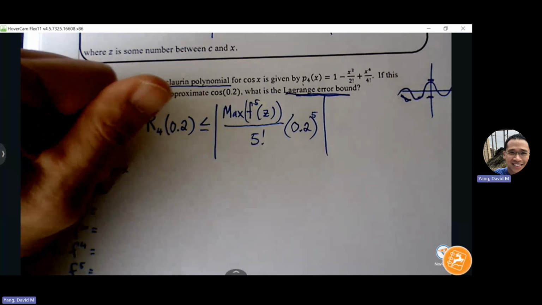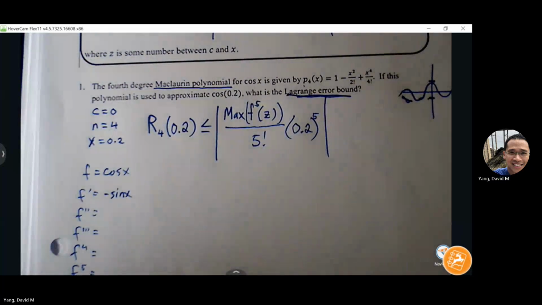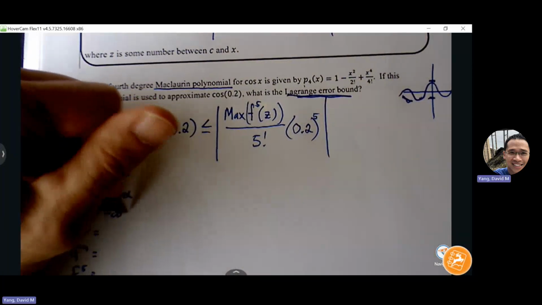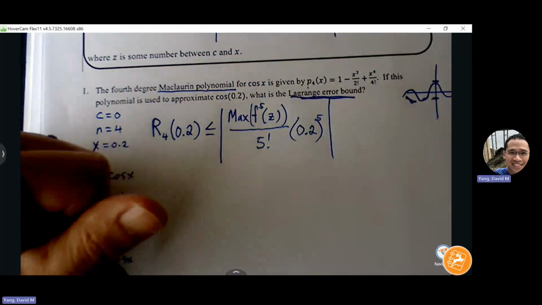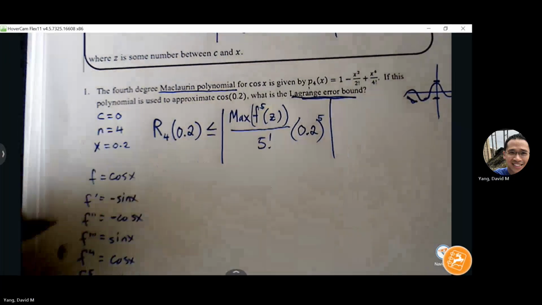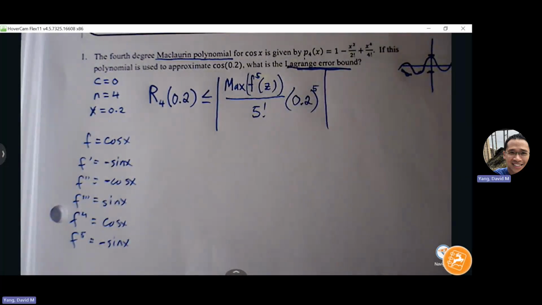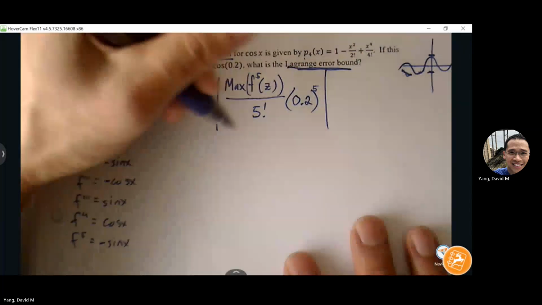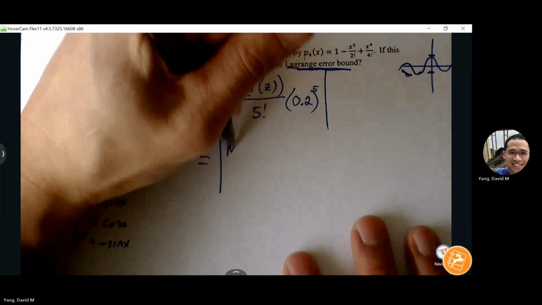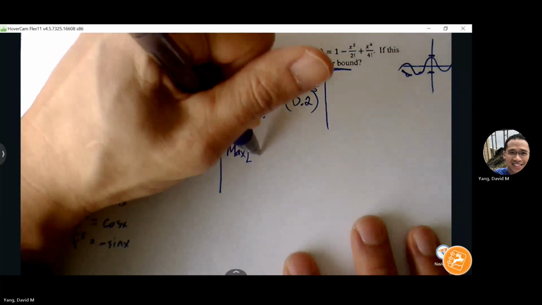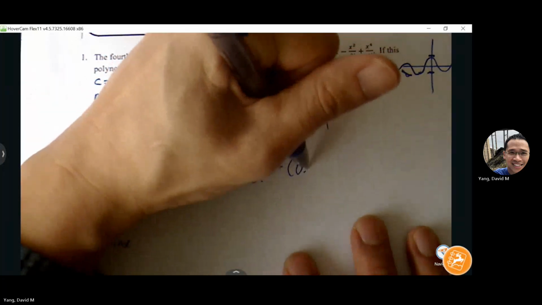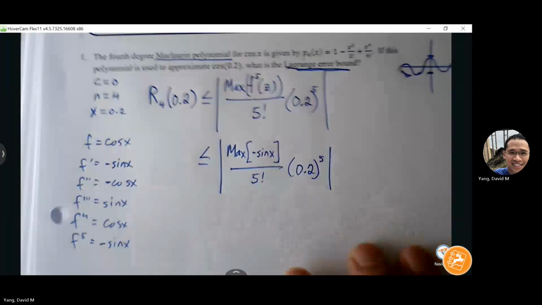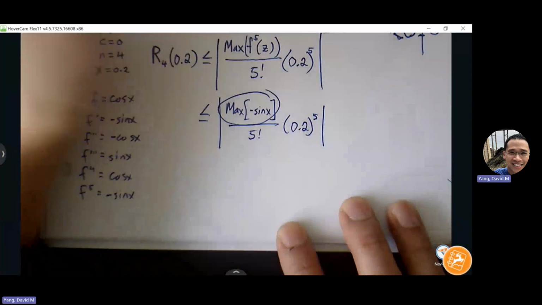So cosine becomes negative sine, followed by negative cosine, followed by sine, followed by cosine, followed by negative sine. So the maximum value that negative sine can be is also 1. So we can replace this whole thing with 1.